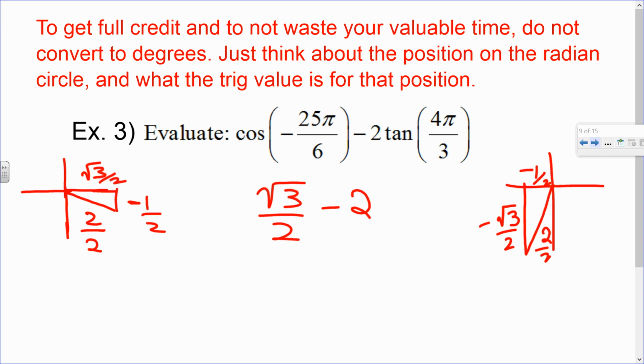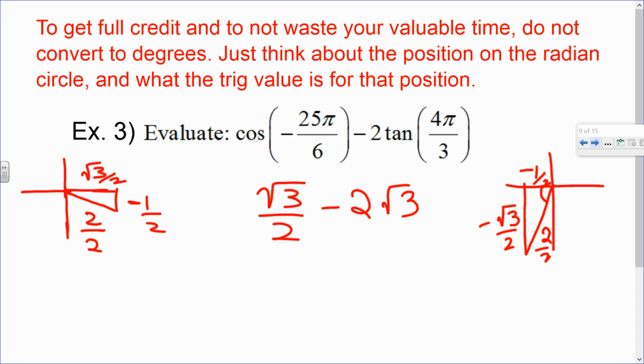Both of these are negatives. So now, if I am taking the tangent of this angle, opposite over adjacent, negative root 3 over 2 over negative a half, same as negative root 3 over negative 1. So positive root 3.